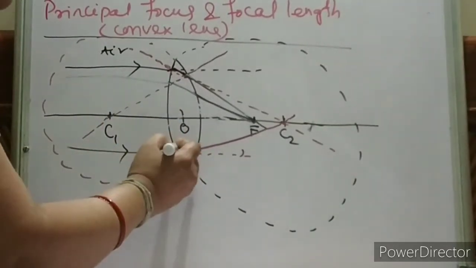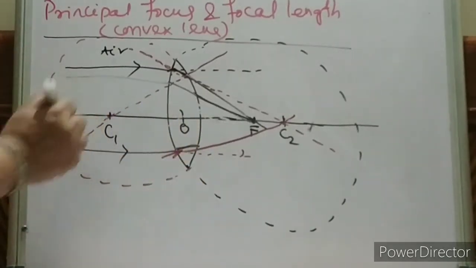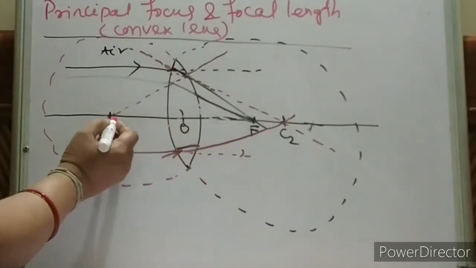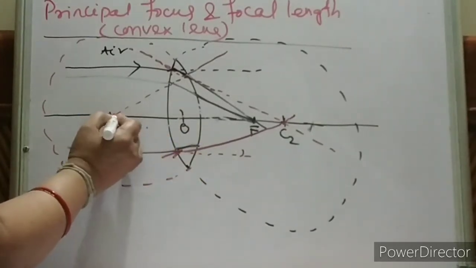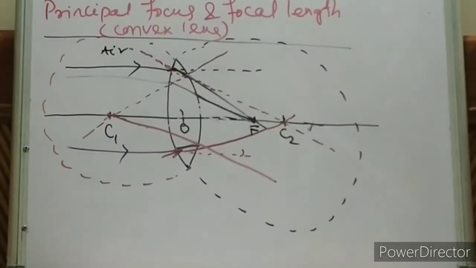Then tell me which one will be the normal now. For this, this is the center of curvature, so you have to draw a normal over here and join the center of curvature with this point. Okay, is it clear, children? Is it clear? You will not get this explanation in the book. You will just see the diagram in the book.